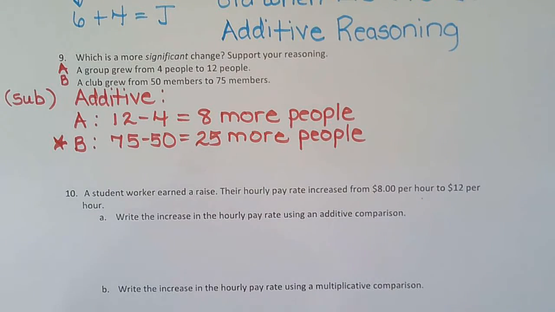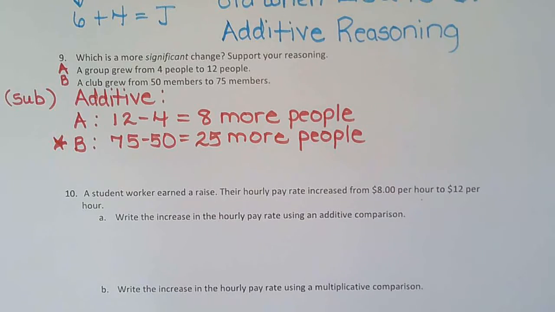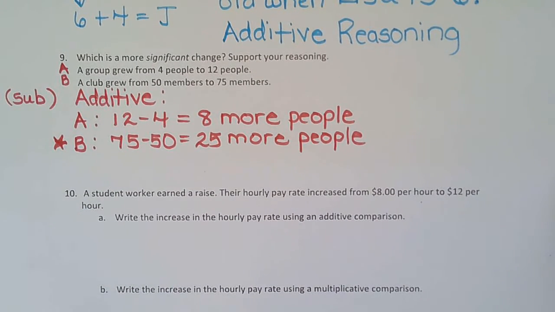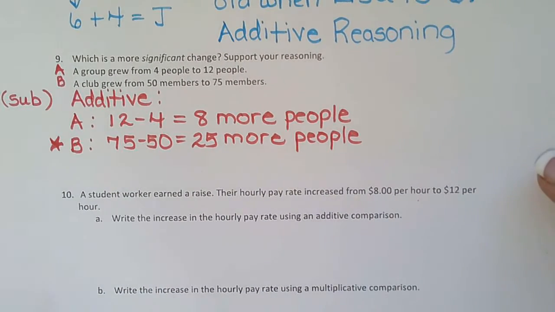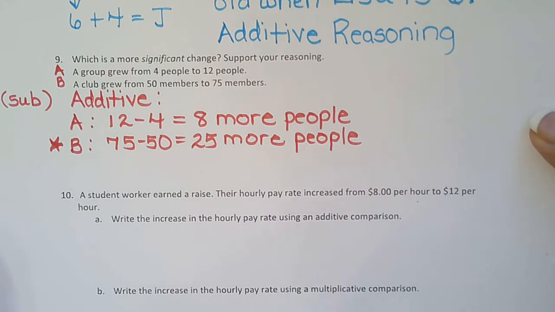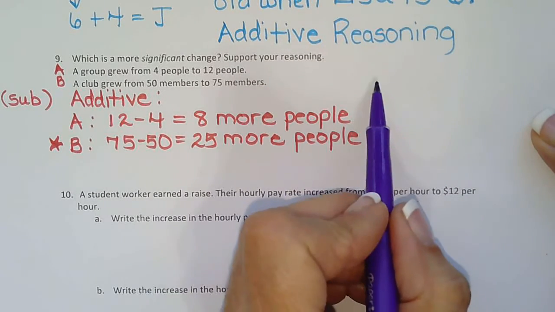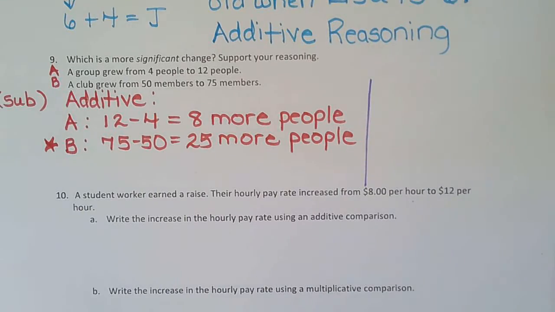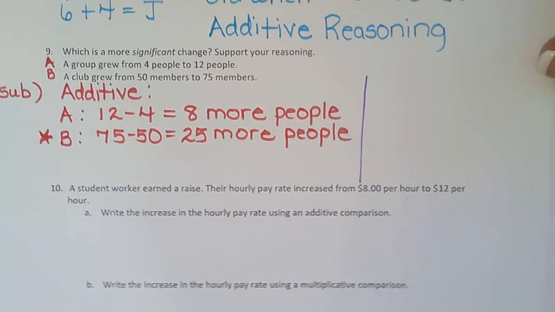Now let's look at it using multiplicative reasoning. And I think in this case, and you'll probably agree, once we do multiplicative, it makes more sense to say that one is more descriptive of the significant change.